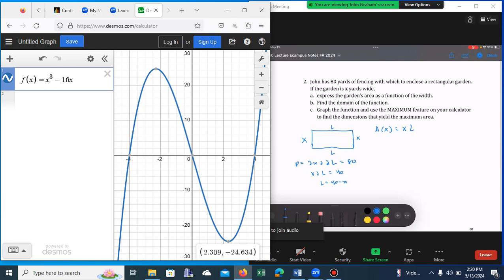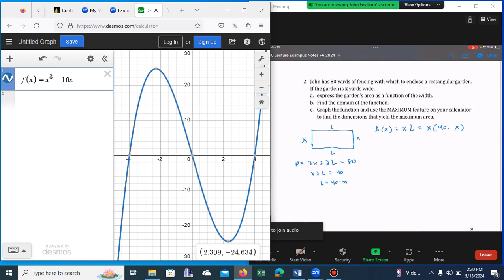And so we see that L is a function of x in itself. So we have to plug that in. I have the area as only a function of x. Okay, so A of x equals 40x minus x squared.